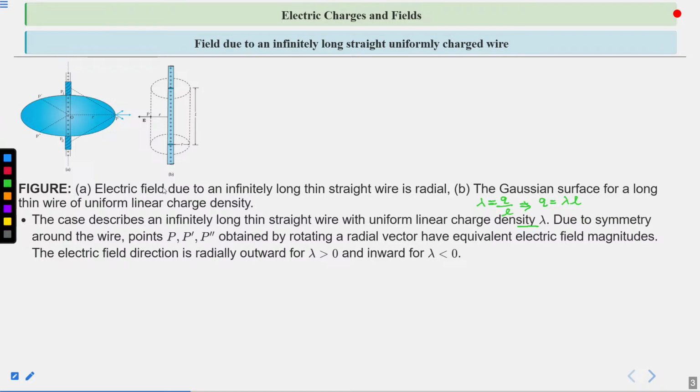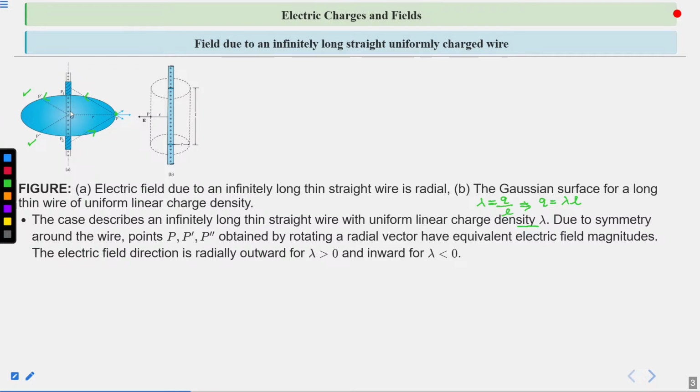Due to symmetry around the wire, suppose at point P, if we talk about the two-dimensional plane and we rotate point P in the anti-clockwise direction, it forms a circular shape, passing through points P, P prime and P double prime.